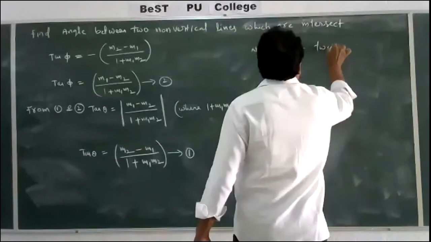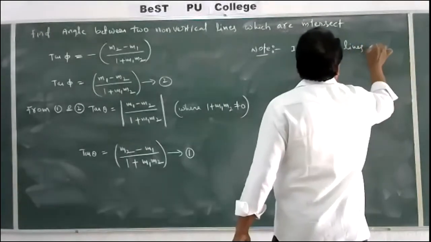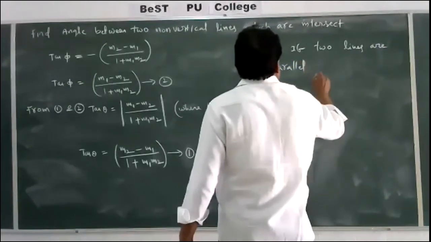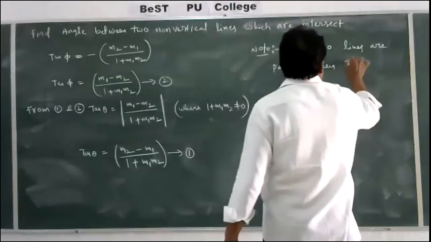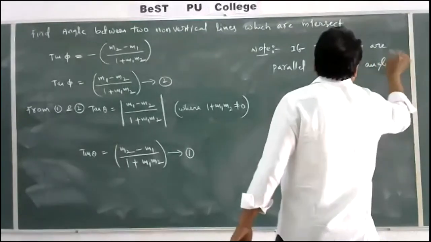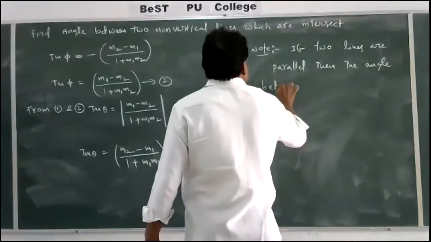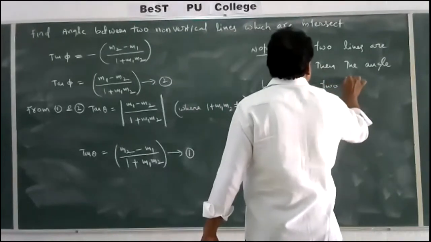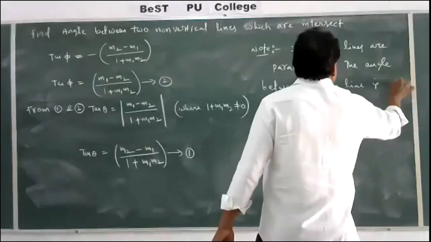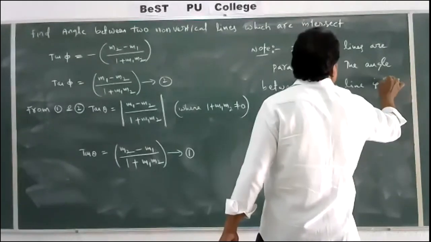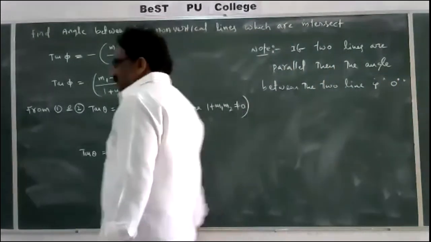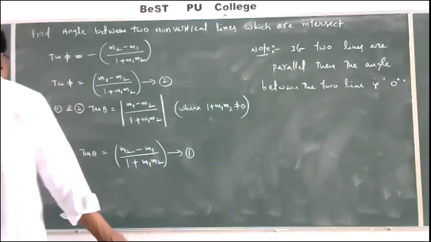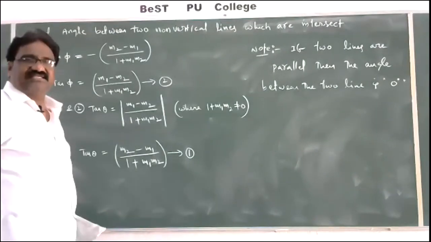If two lines are parallel, then the angle between the two lines is 0 degrees. They are not intersecting. That's why the angle between the two lines is 0.